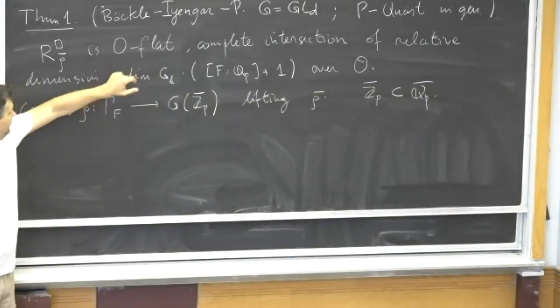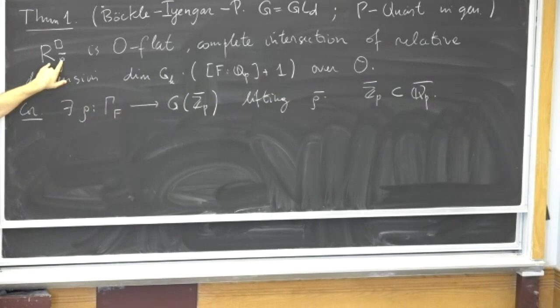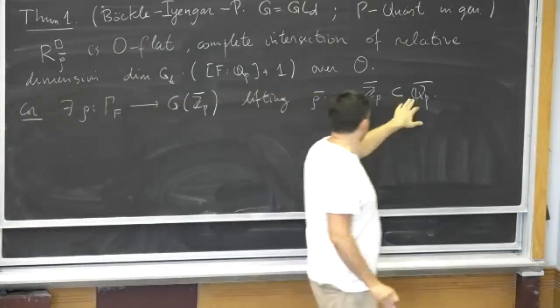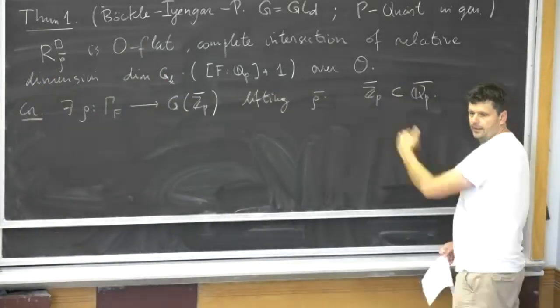So if you invert p, you get something which is non-zero. And for such rings, you know that the residue fields at maximal ideals are finite extensions of Q_p. So then you embed this into Q_p bar, and you get a Galois representation.